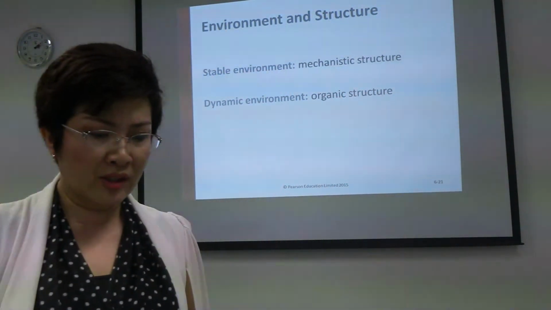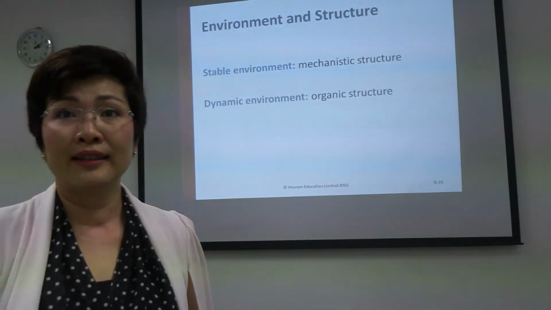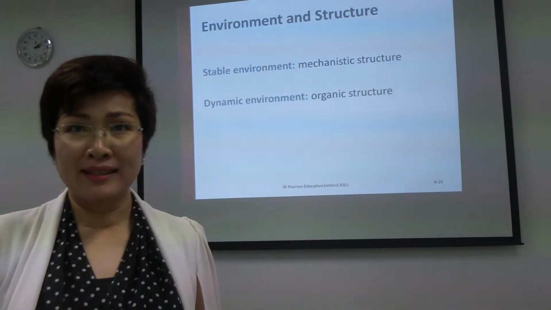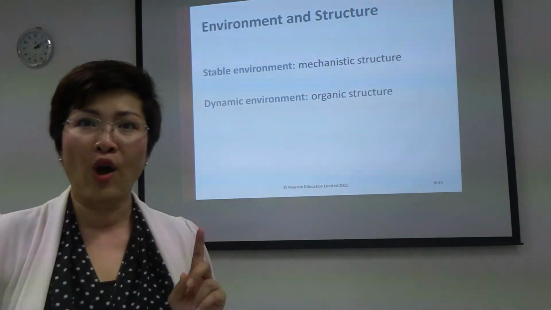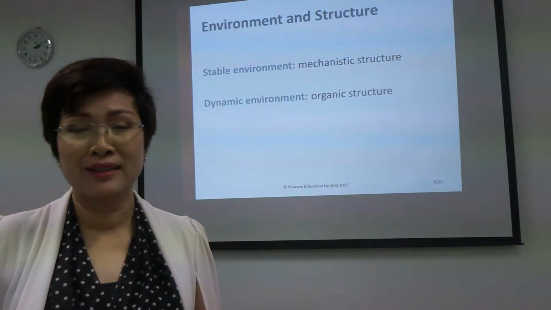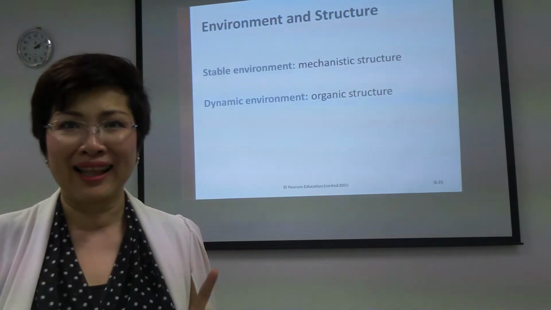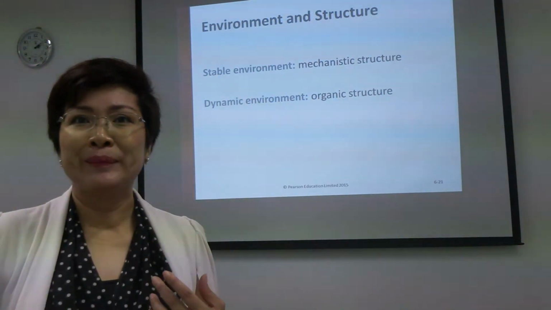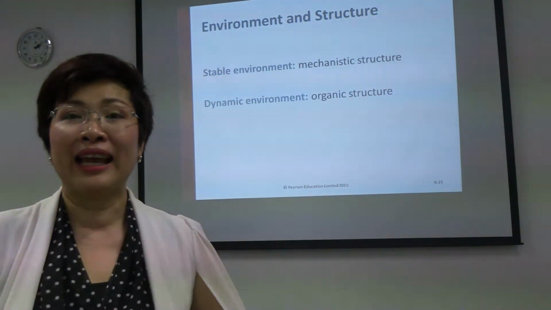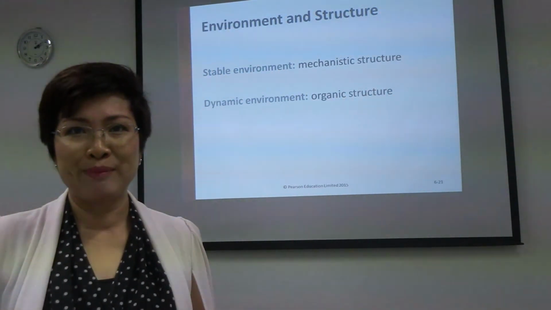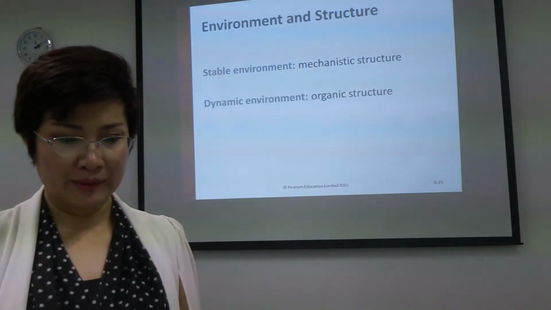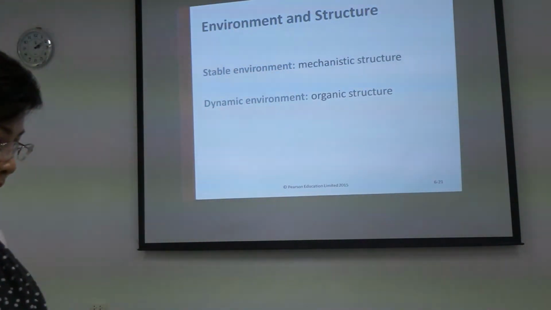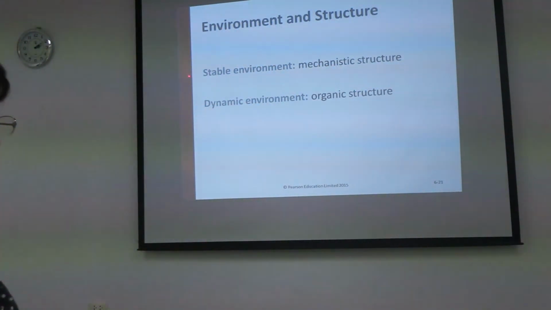About environment and structure, the relationship between environment and structure. Remember, when we're talking about environment, we're talking about business environment, for example, the political and economic types of environment. Environment here could be a stable environment.